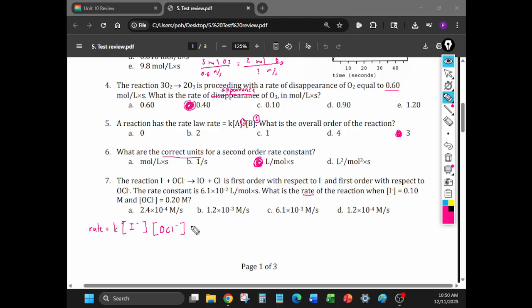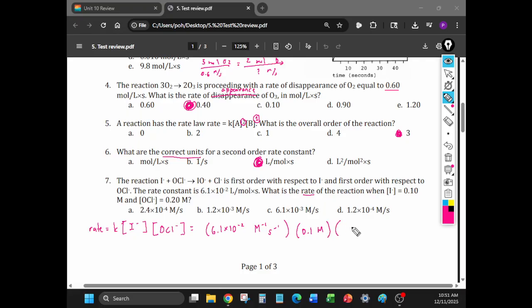It gives us K and it gives us the concentration. So K will be 6.1 times 10 to the negative 2 liters per moles per second. So I guess molarity negative 1, my bad. Molarity negative 1, seconds negative 1. And then the concentration for I is 0.1 molarity.